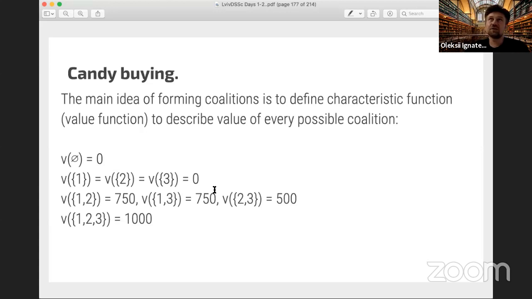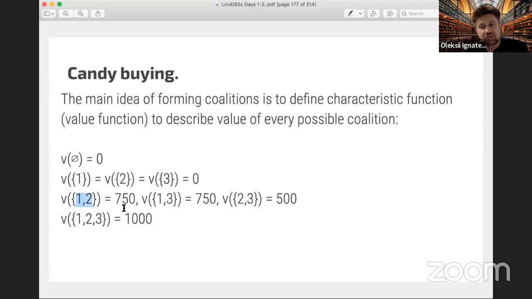So it shows how many candies this coalition can afford, can buy at maximum. So we have this formula. Usually the empty set is always 0, but here coalitions that consist of 1 player, nobody can buy candies by itself, so it's 0 also.